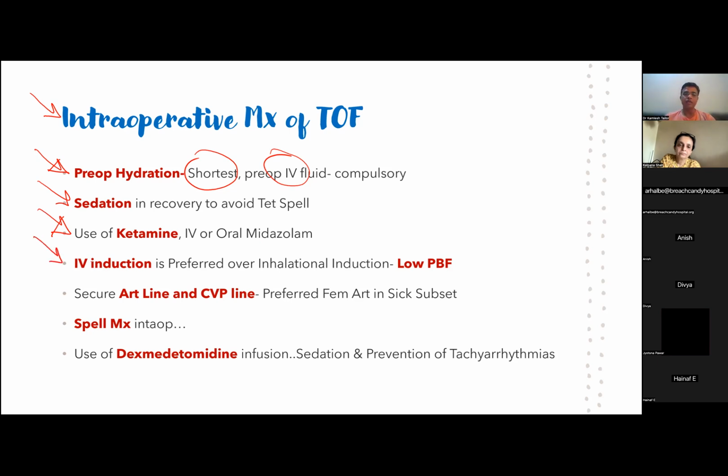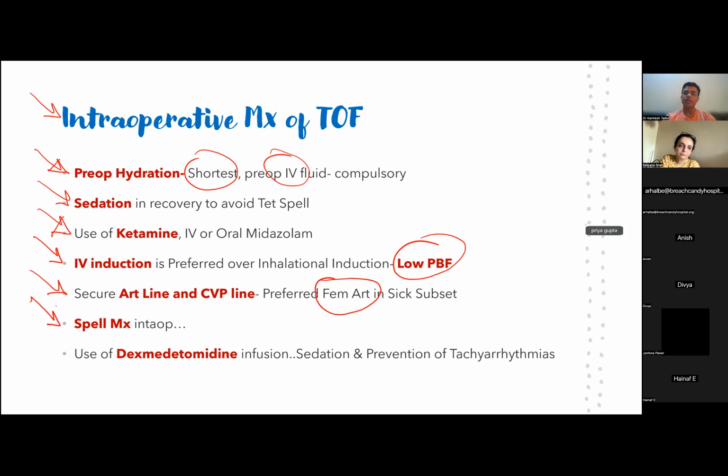IV induction is preferred over inhalation because there is low pulmonary blood flow, and in the tetralogy, one has to secure a central venous line and arterial line. We are putting all the lines after intubation, and we prefer a femoral arterial line when we are dealing with the sick subset, severe cyanotic TOF, or in a palliative procedure, because of post-operative problems.